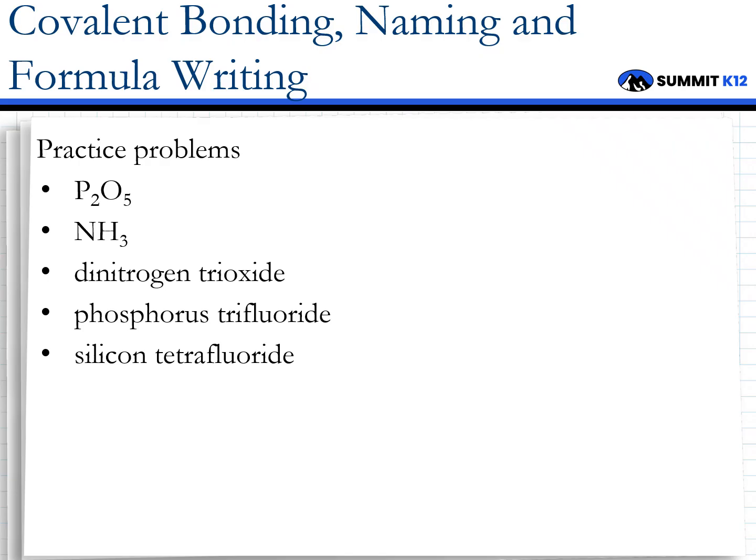So I have 2, which is di, and then O is oxygen, and I have 5 of them, so my prefix would be penta. And then make sure I change the last 2 or 3 letters to IDE, so I have diphosphorus pentaoxide. So you try the next one.